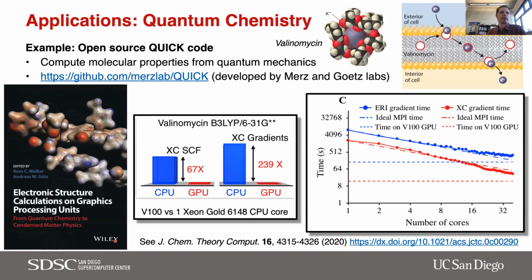If you do something else, like for instance, what I do in my research, which is quantum chemistry, I have an example here, the open source QUICK code that we are developing. This is a book that's already a few years old, where we had contributors from different research groups who actually have been porting electronic structure calculations, so quantum mechanics applied to molecular systems or condensed phase material systems, and implemented this on GPUs. That becomes much more complicated. You really have to rewrite a lot of source code, but it can be quite successful because, as you see here, if you run on a CPU, we get a significant speed up running on a GPU.